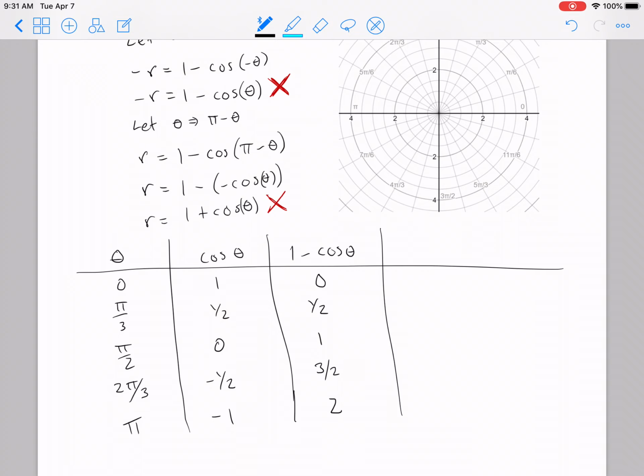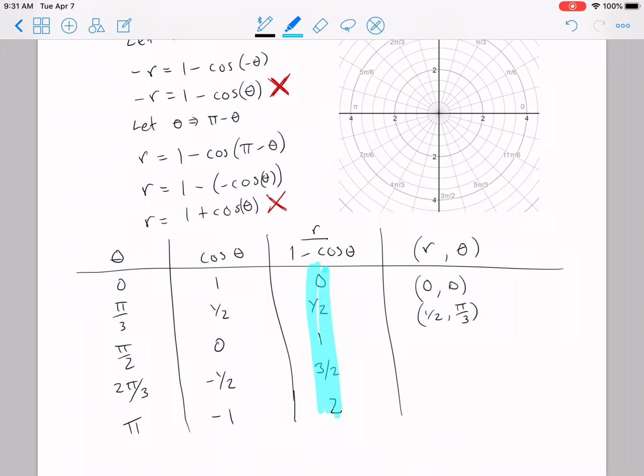And so then we get our coordinates r and theta.